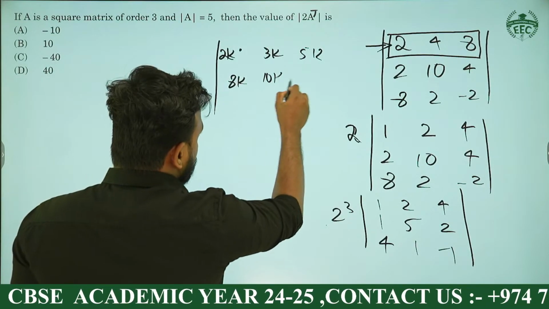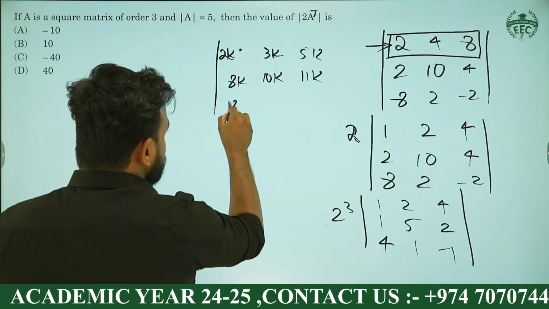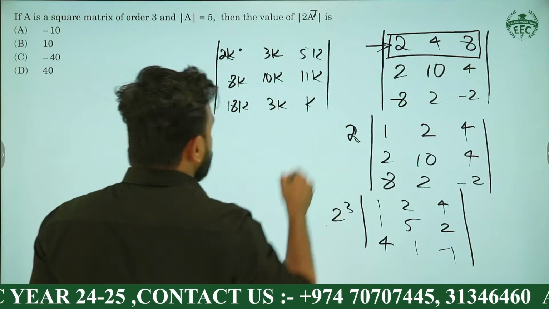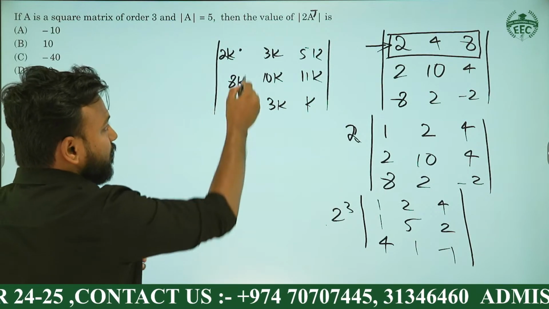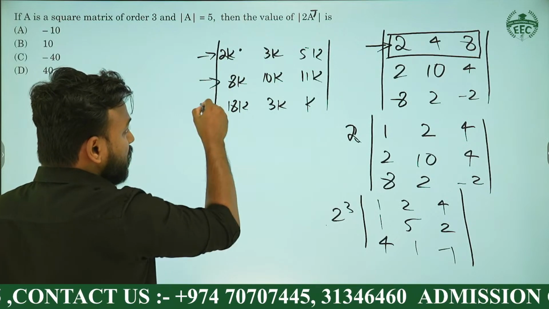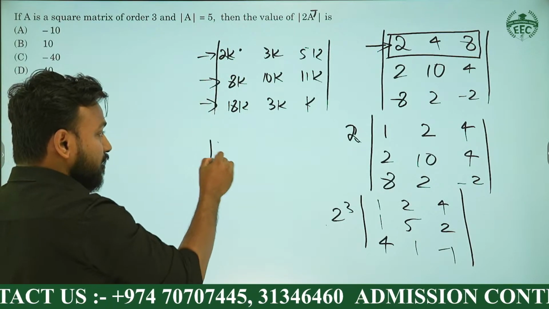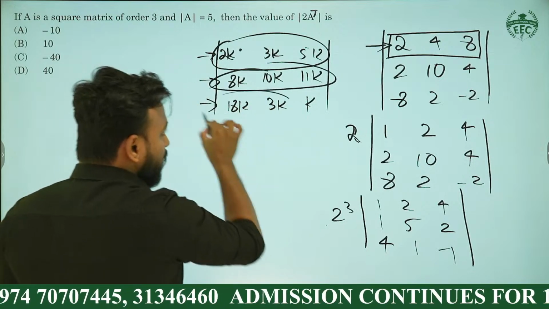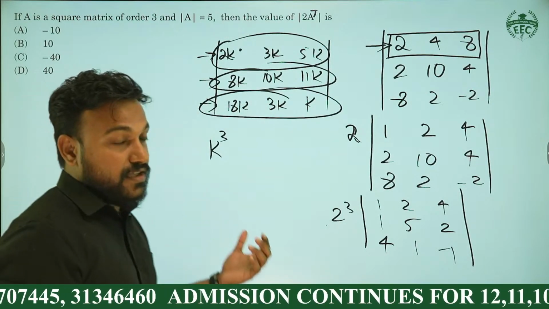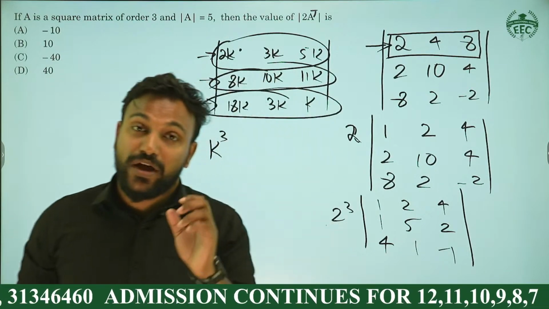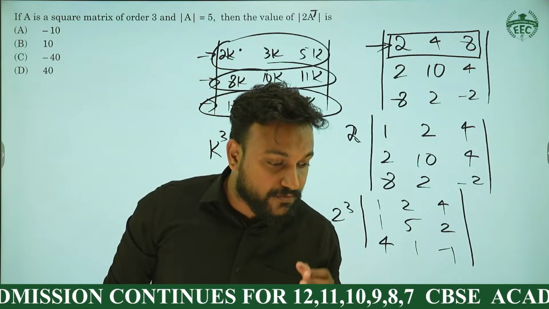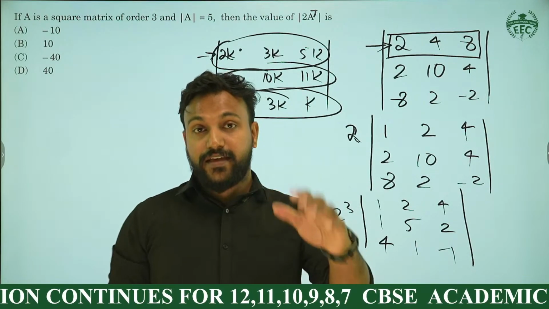Then 10k, 11k, 18k, 3k, 1k. When you want to take out k, there are 3 rows, so you should take k raised to 3: 1k from each row. If it is a 4 by 4 matrix, you have to take 4 k's. If it is a 5 by 5 matrix, you have to take 5 k's.